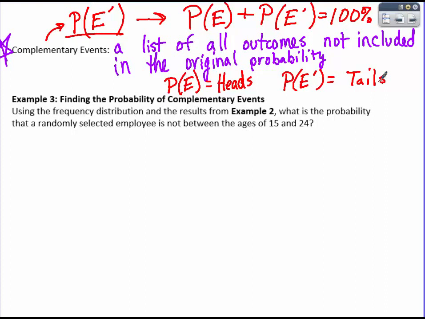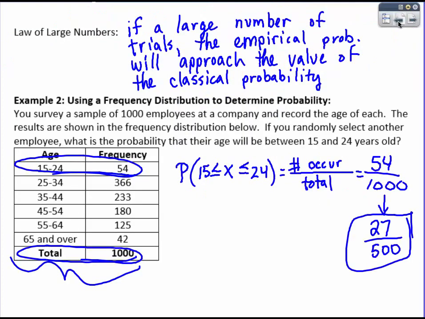So here we have example 3, finding the probability of complementary events. Using the frequency distribution and the results from example 2, what is the probability that a randomly selected employee is not between the ages of 15 and 24? Now, if I go back to example 2, I know that we had a probability of 27 over 500.